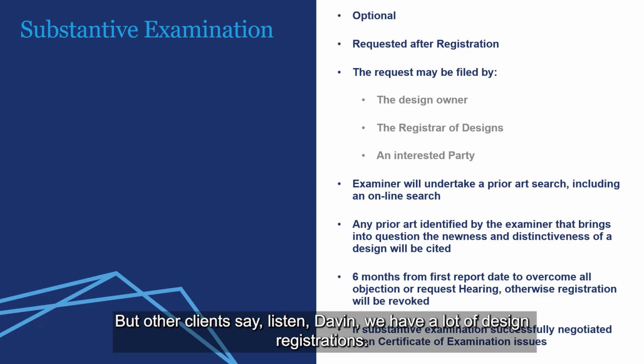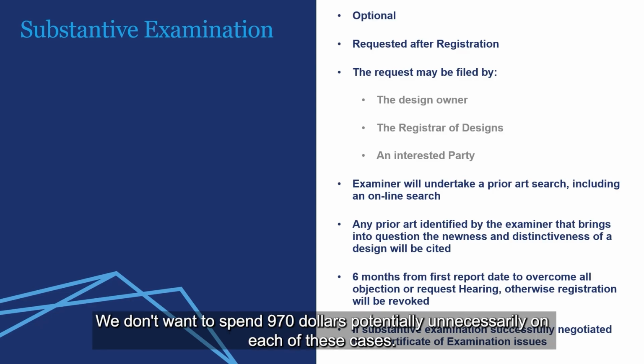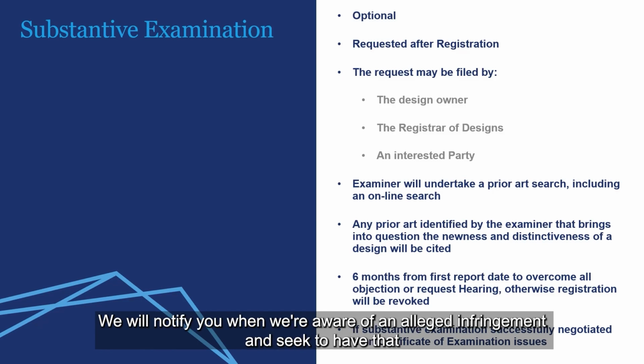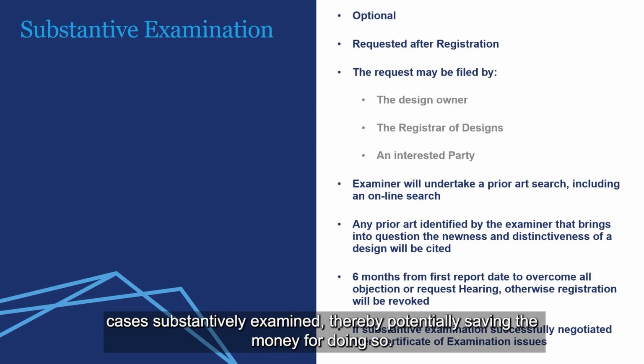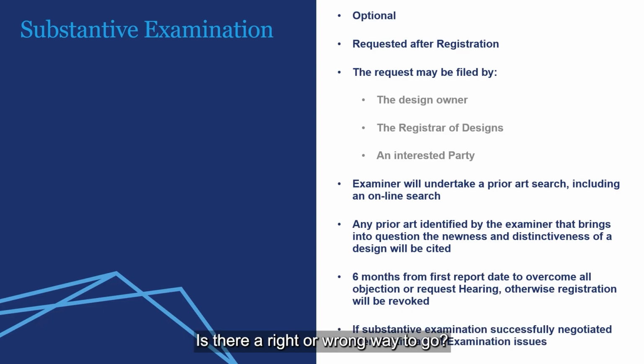But other clients say, listen, Davin, we have a lot of design registrations. We don't want to spend $970 potentially unnecessarily on each of these cases. We will notify you when we're aware of an alleged infringement and seek to have that particular case examined, pay the $970 for that case, but we won't get the other cases substantively examined, thereby potentially saving the money for doing so. Is there a right or wrong way to go? There isn't. One strategy will perhaps save some money.